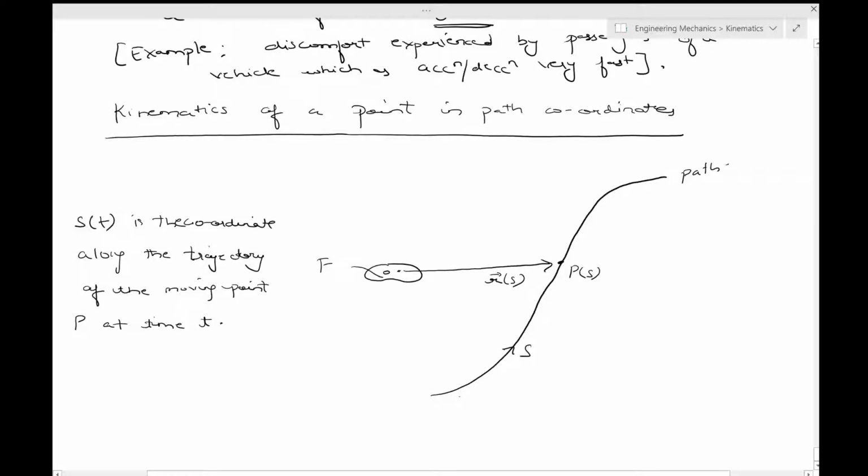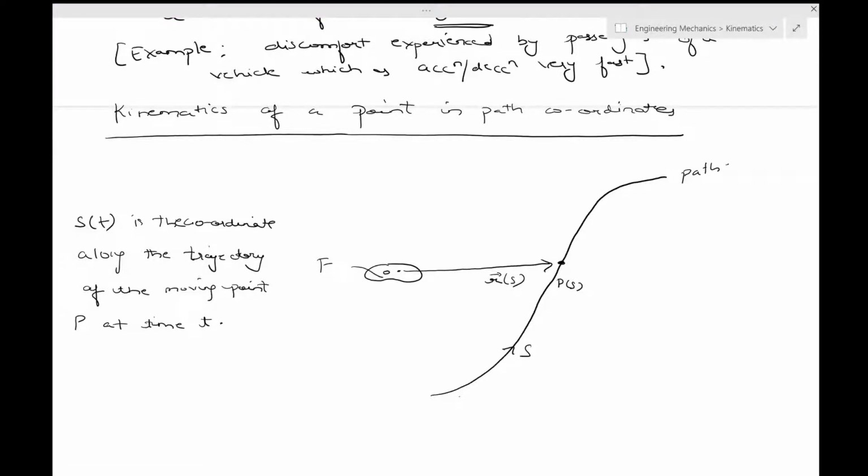So we want to make our coordinate system now. This point is P over here.